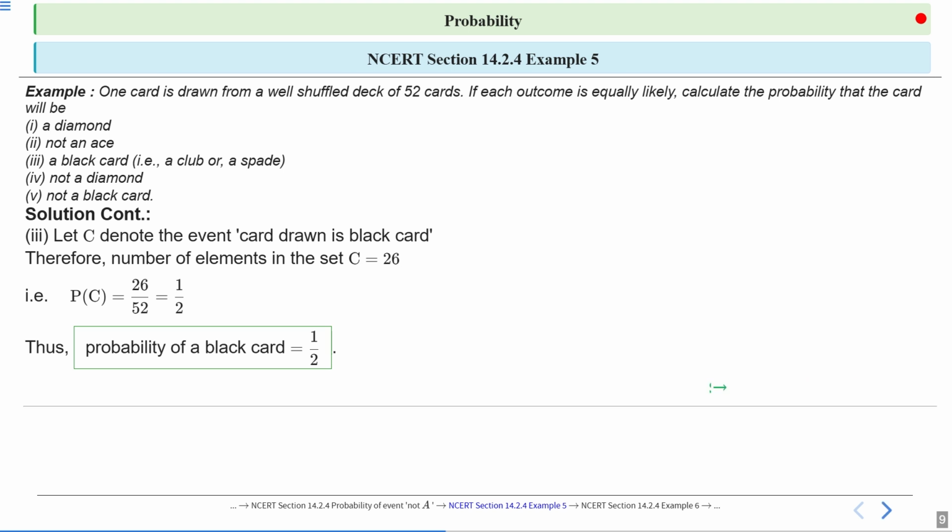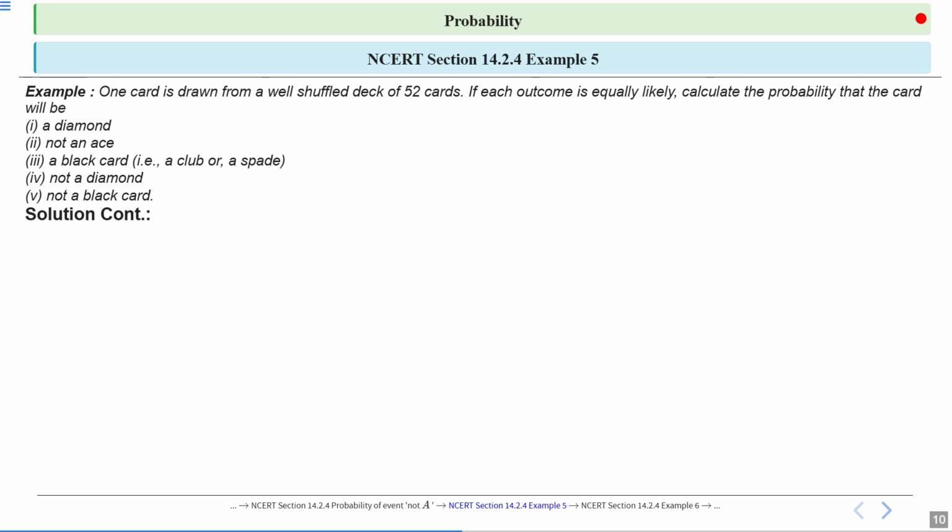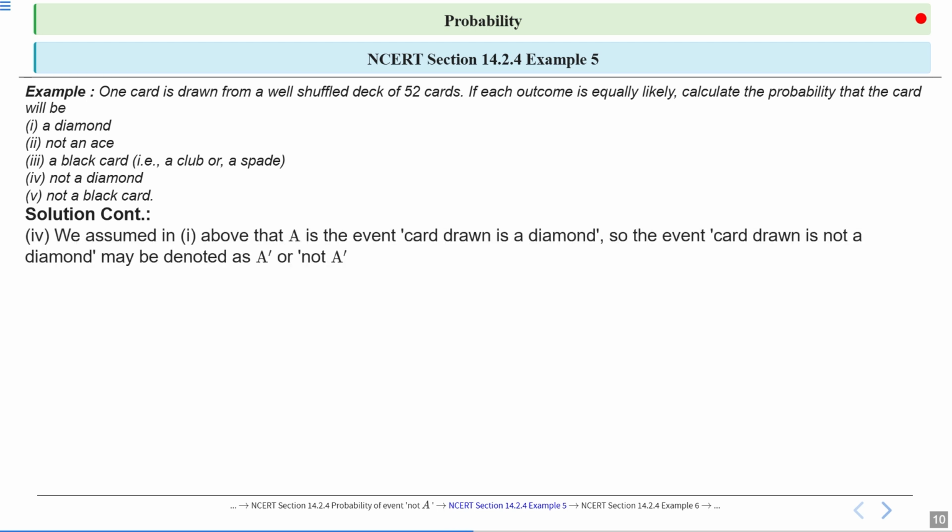Now we will calculate the probability that the card will not be a diamond. We already calculated the probability that the card will be a diamond. We assumed above that A is the event that the card drawn is a diamond.